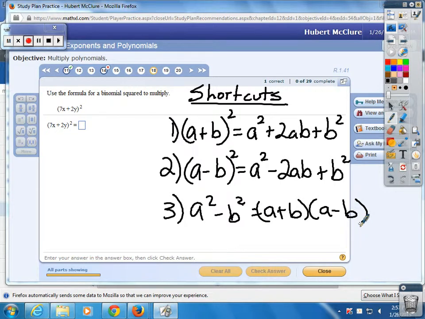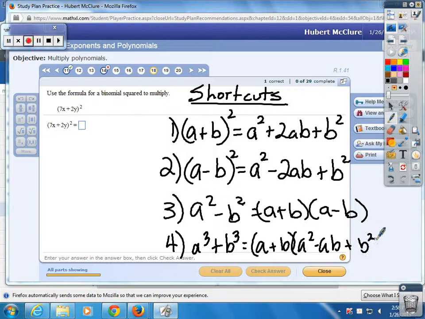Give me a second to write those down. Number 4, a cubed plus b cubed is equal to a plus b times a squared minus ab plus b squared.